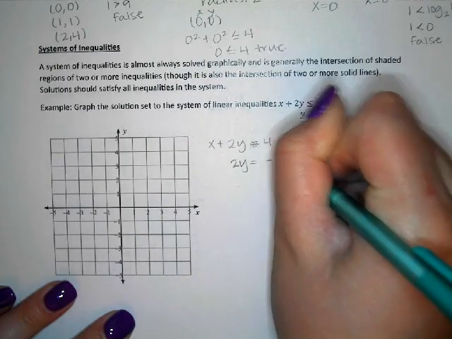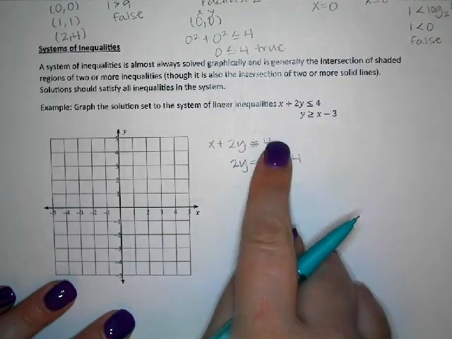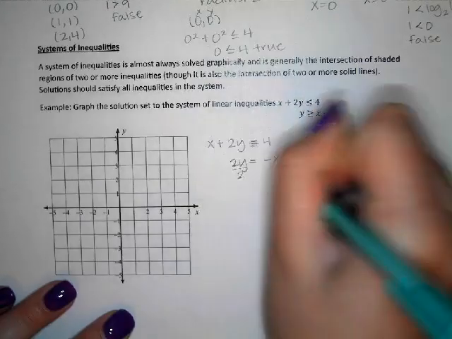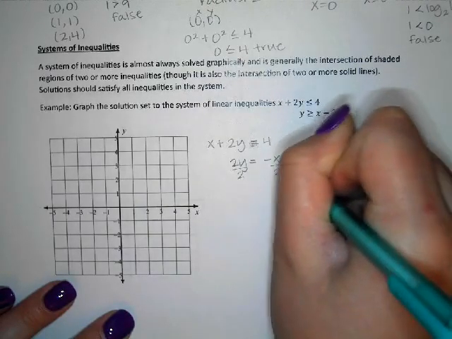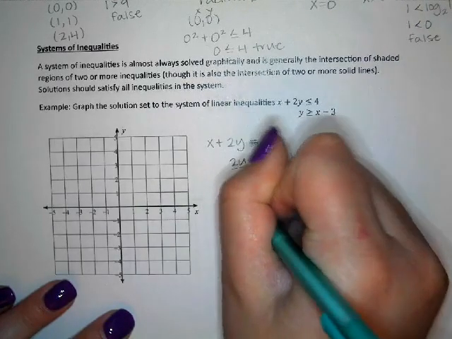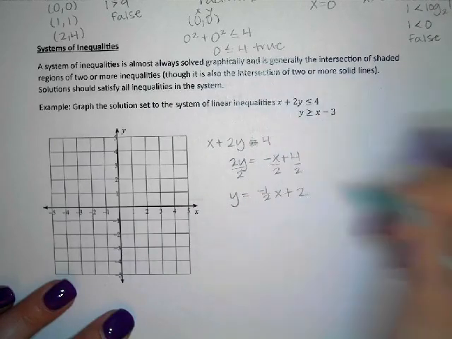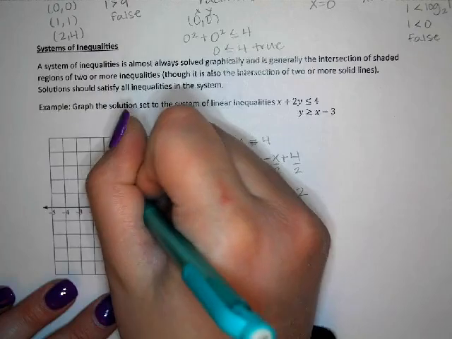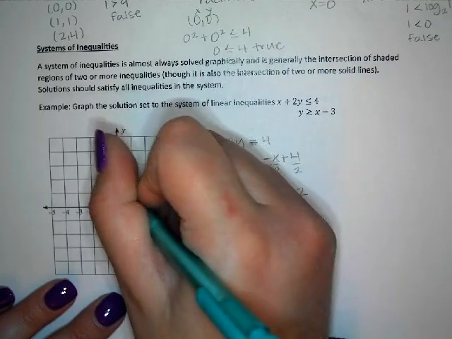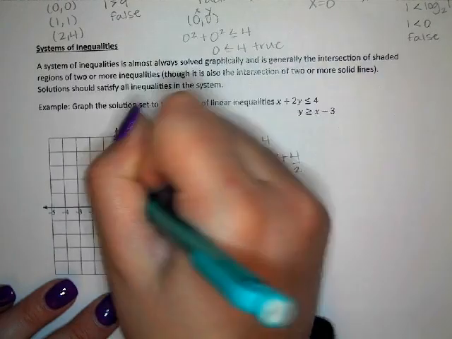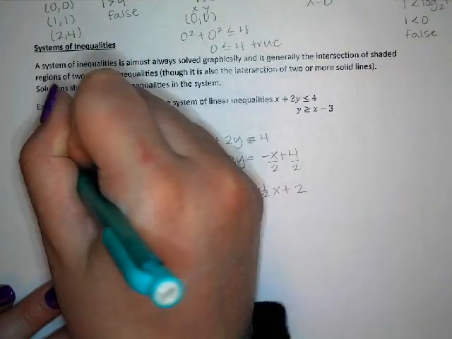And then I'll divide by the 2. So y is negative 1/2 x plus 2. So there's 2, down 1, right 2, down 1, right 2. I'll go the other direction. And based on the symbol, this is going to be a solid line.